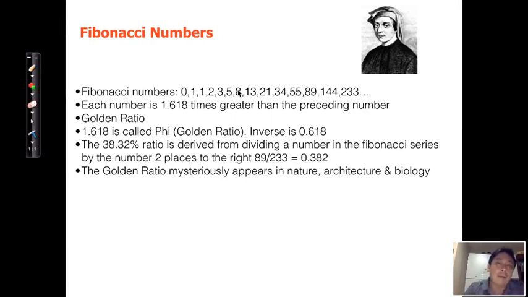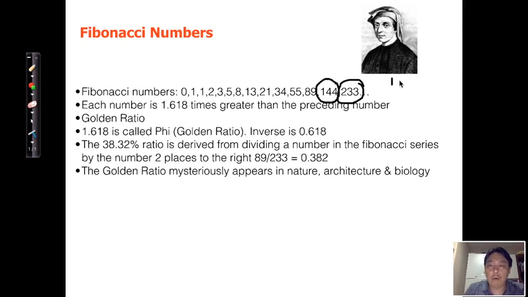Now, what's amazing about this sequence of numbers is, as you keep doing it, you come to a point of time when if you take any number, for example, if you take 144, and if you divide it by the next number, in this case 233, what do you get?